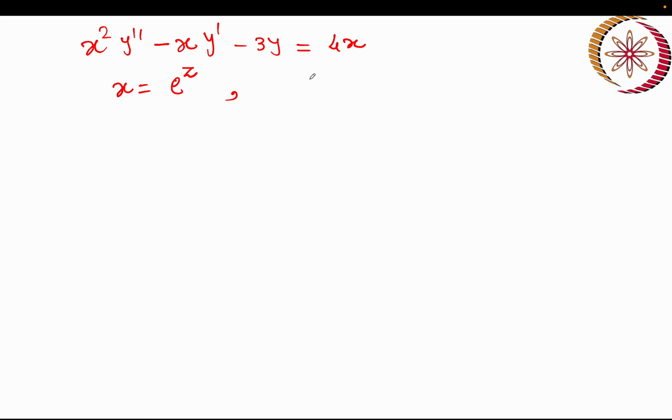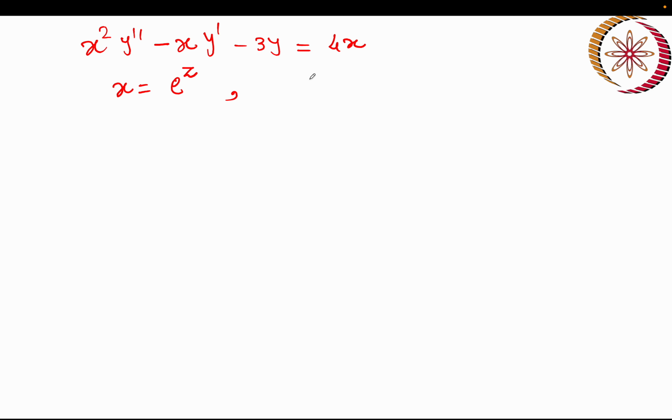So we use dy by dz, and dz by dx will be 1 upon x. You can see that if we use this substitution, this x will get cancelled with this x, and things will get simplified.